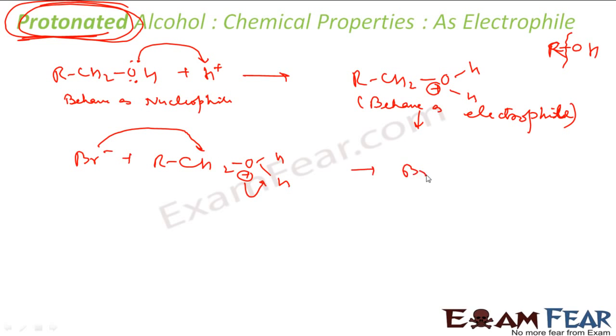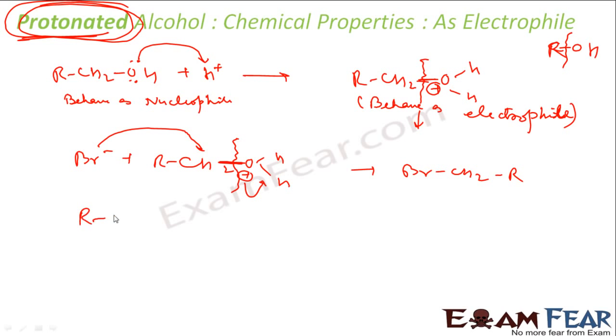So you get BrCH2R. Since it was protonated, this H2O is a good leaving group, and it leaves. The moment Br minus comes, this bond breaks.